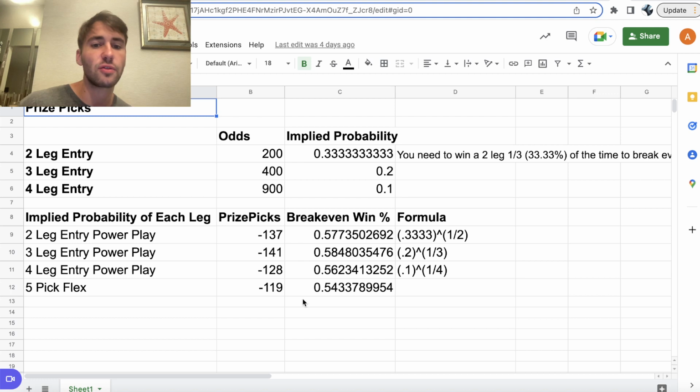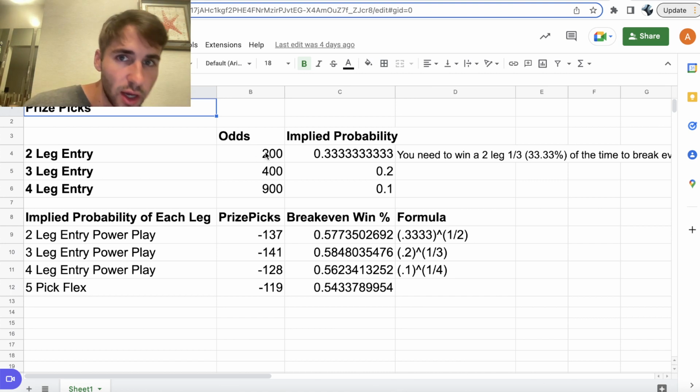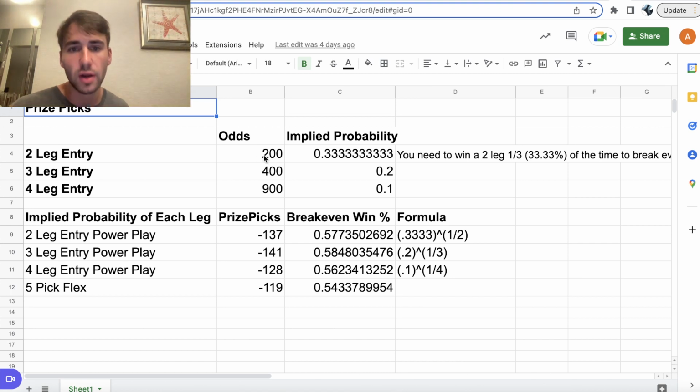We've gone through this in other videos, but we've reverse engineered what the odds are on PrizePicks for a two-pick power play, and it's actually very simple. Any two-pick power play, you're getting plus 200 odds, 20 to win 40 in profit. What that means is you need to win 57.74% of your props on PrizePicks to break even.